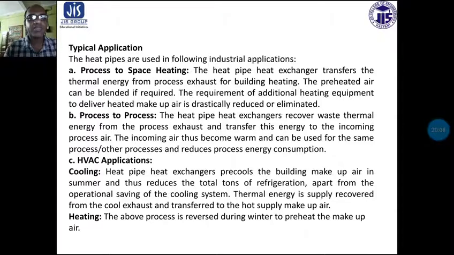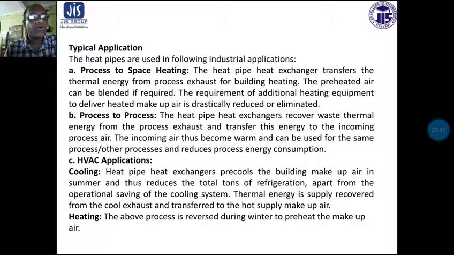Number three, HVAC application, that is heating, ventilation and air conditioning application. Cooling: heat pipe heat exchangers pre-cool the building makeup air in summer and thus reduce the total tons of refrigeration.